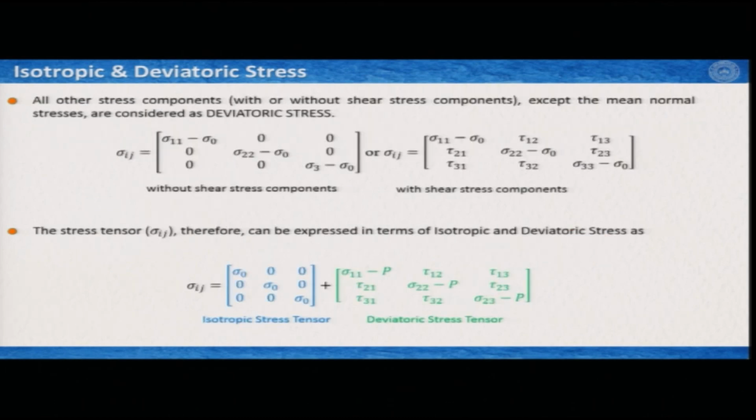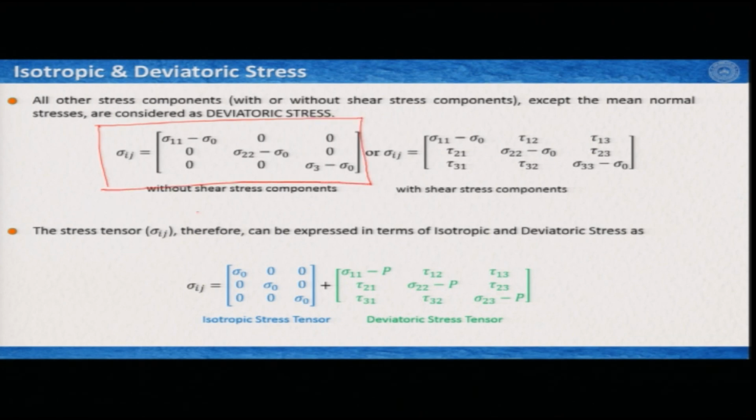Then all other components in the stress tensor matrix, with or without shear stress components, except the mean normal stress, are considered as deviatoric stresses. So, you can write it this way.